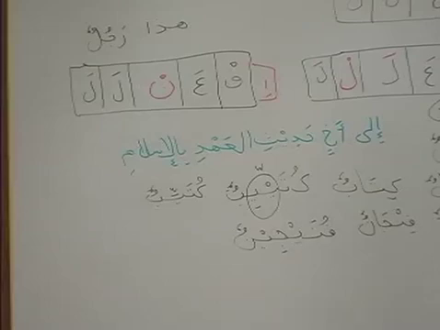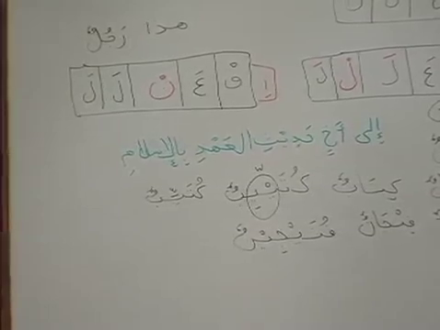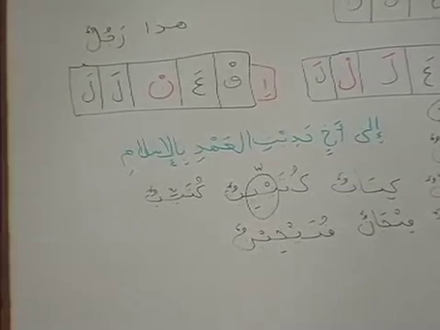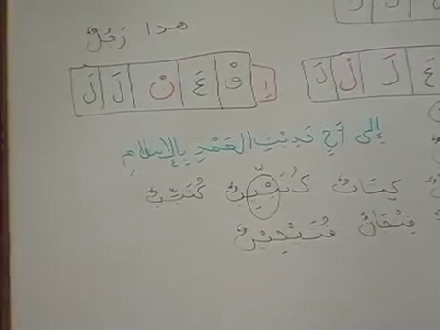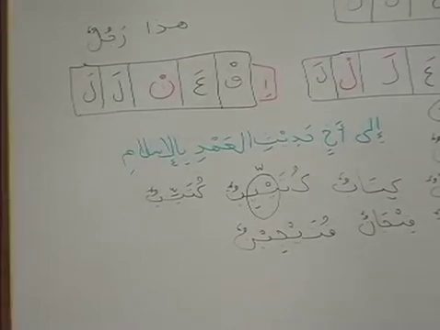And because akhin has a tanween, it cannot be mudaf. So what is this hadith al-ahdi? It is a naat. Naat for whom? Akhin. Remember I told you that. This is the way naat will come. Ila akhin. I want to distribute to a brother who is new in Islam.